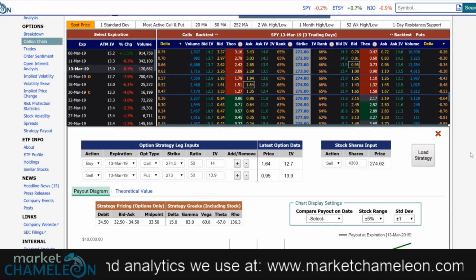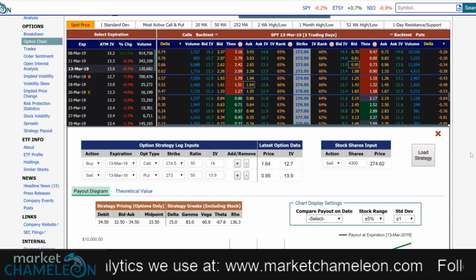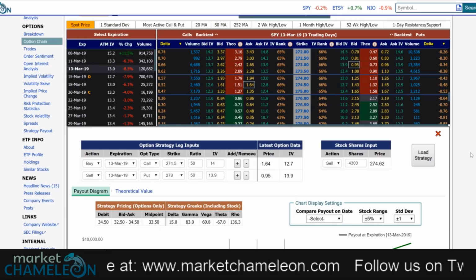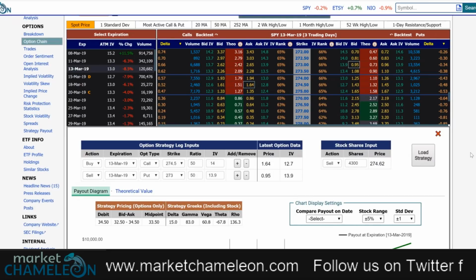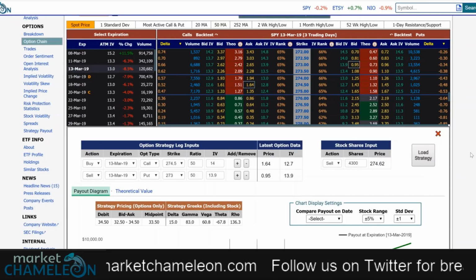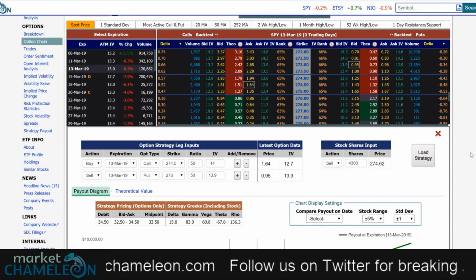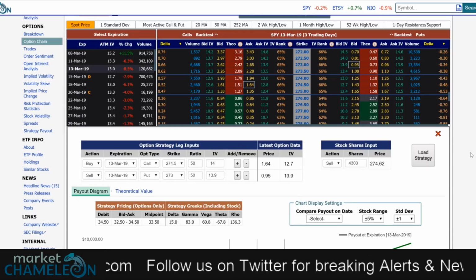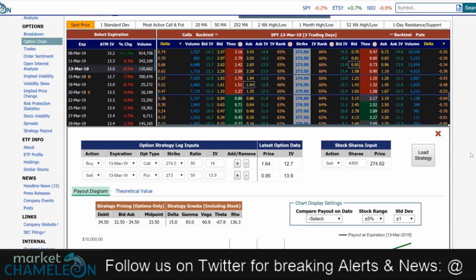Because you borrowed the stock and sold it short. That means you received cash. It's sitting as collateral in your account, earning interest. So since the cash earns interest, if interest rates go up, you would earn more interest. If interest rates go down, you earn less interest, and that's what your rho risk is.